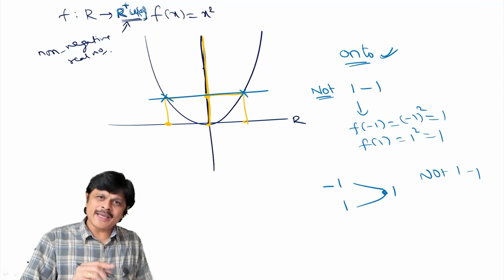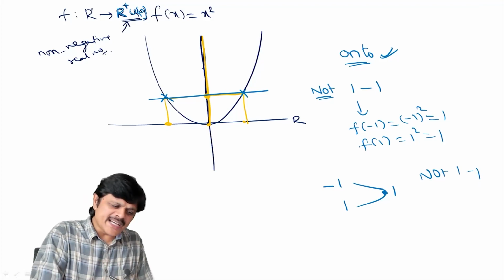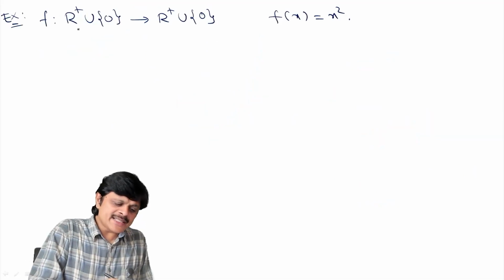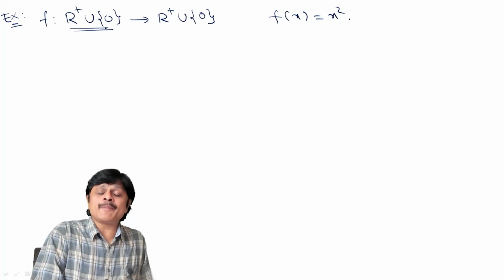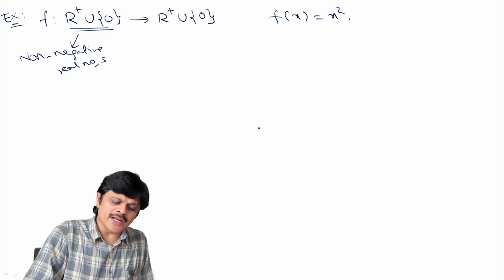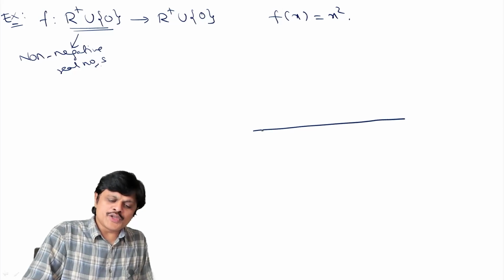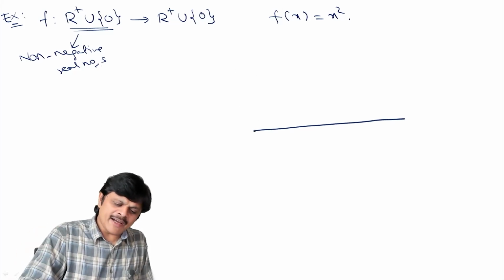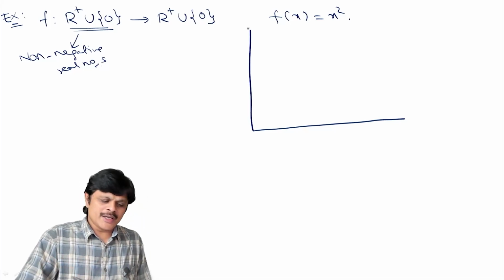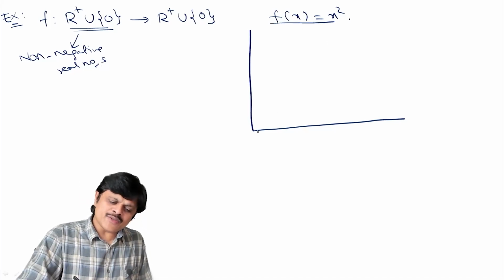Now let us make it better by changing the domain. This time the domain is R plus union 0, that is non-negative real numbers. This is not the entire real numbers, it is only non-negative real numbers, so 0 to infinity, and y values are also 0 to infinity. We are only talking about the first quadrant now. Y is equal to x square, this is the graph.